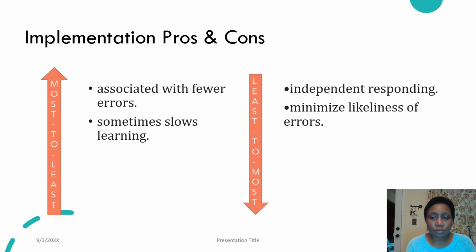In the least to most procedure, you ask the client whatever task you are wanting them to do. You wait 2 seconds to see if they will respond. And if not, then you go into providing them partial prompts or hand over hand if it leads to that.